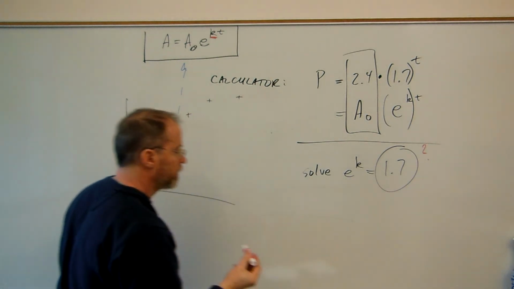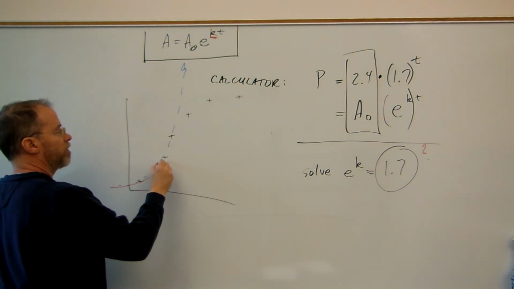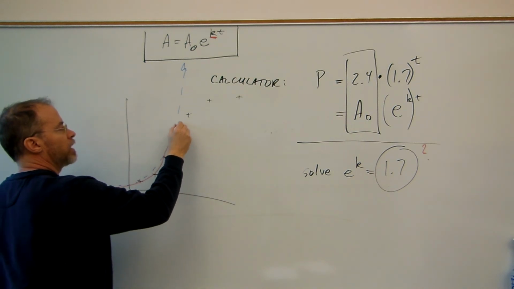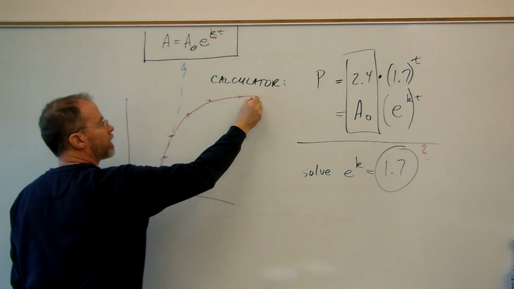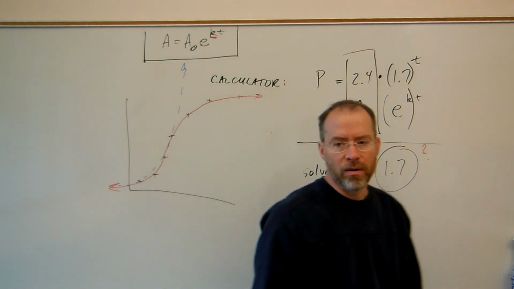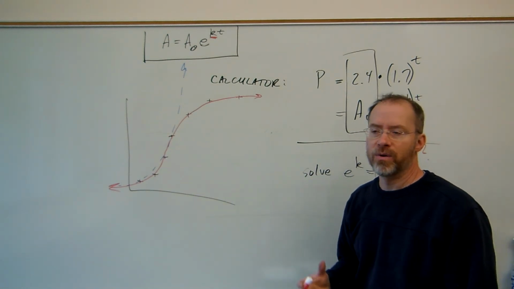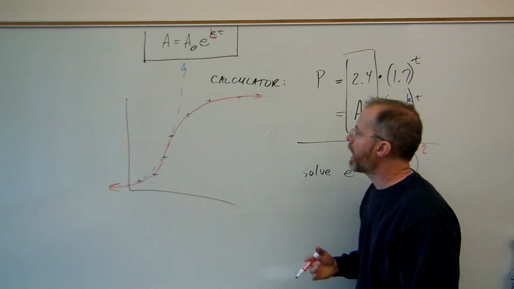And a logistic model is basically for populations that initially grow kind of exponentially, but then encounter some kind of limiting factor. This is typical of biological populations in general, right? They tend to grow exponentially until you're limited by food or space or some other factors.